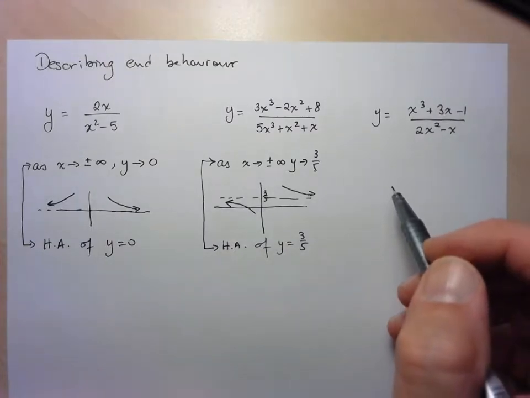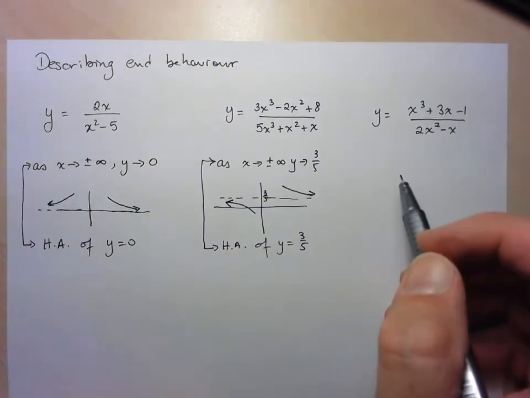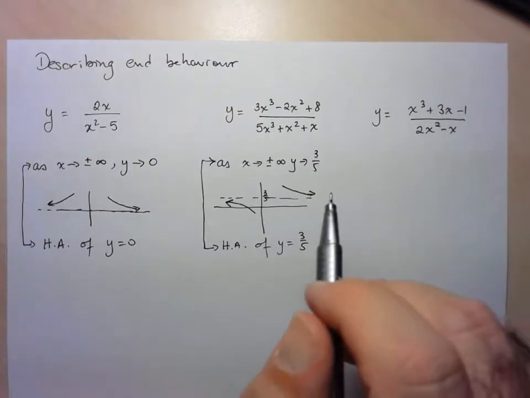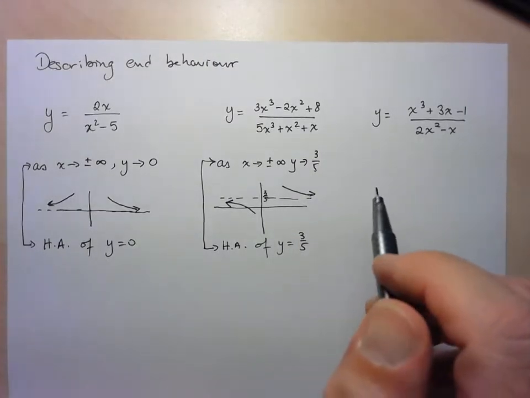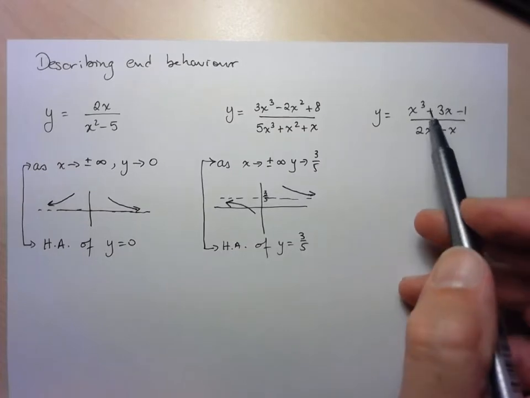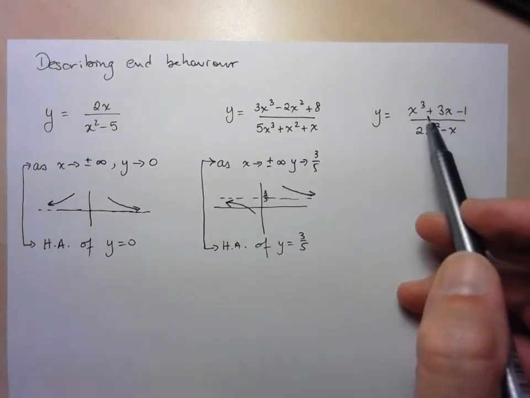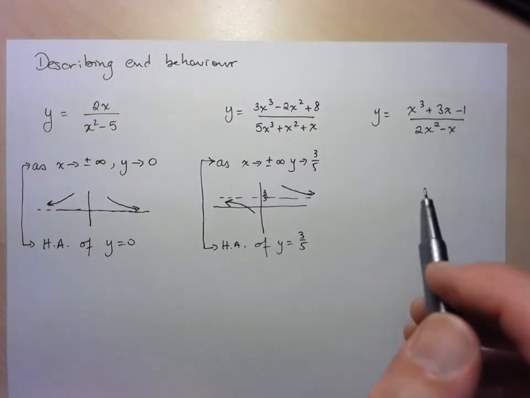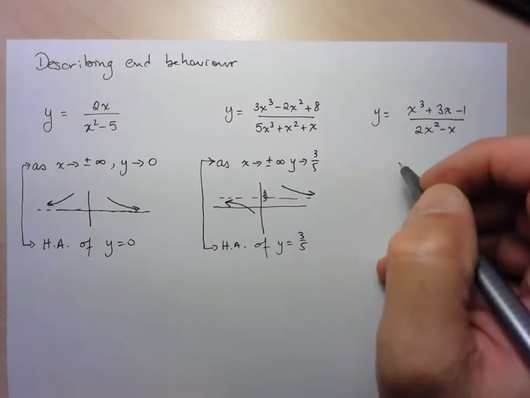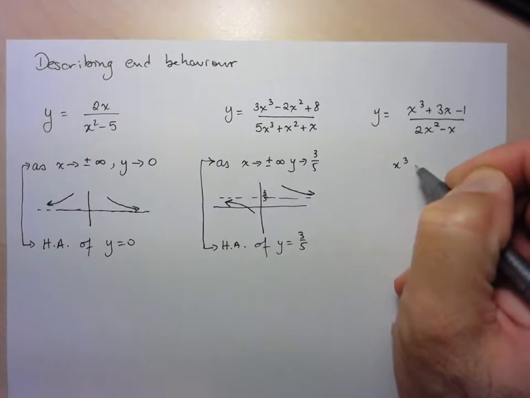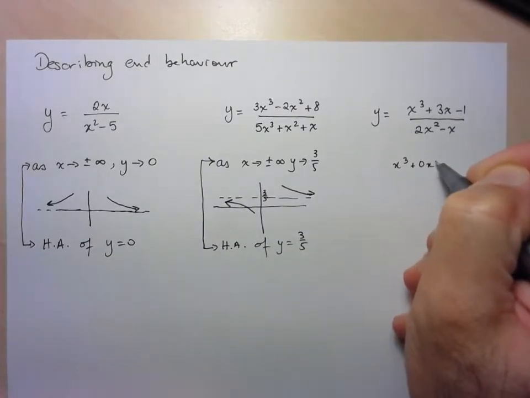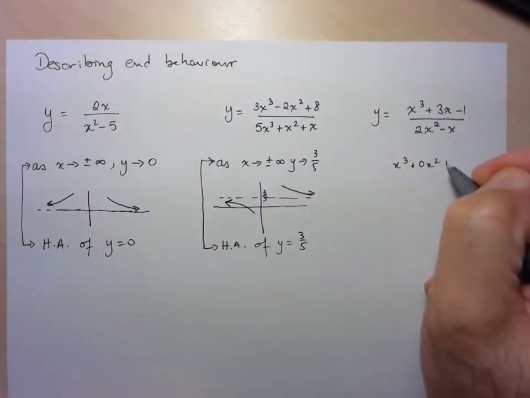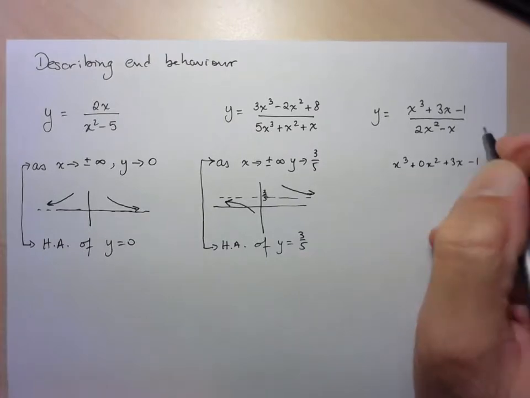So by determining what that linear oblique asymptote is, we can then determine whether it's going to positive or negative infinity. Now, let me find this. Here we have to do a little more work than usual because we're dividing by a quadratic. We're not dividing by a linear, so we can't use synthetic division. Okay, so let's do that here. So we have x cubed plus 0x squared, don't forget the missing term, plus 3x minus 1.